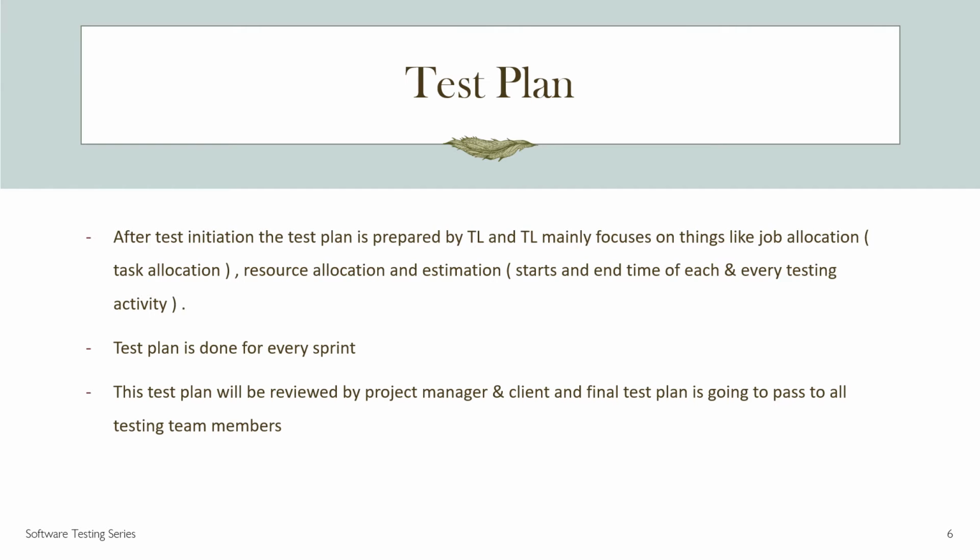And estimation means the start time and end time of the sprint. Once the test plan is prepared, it is reviewed by the project manager and client, and then the test plan is finalized and forwarded to the testing team members.